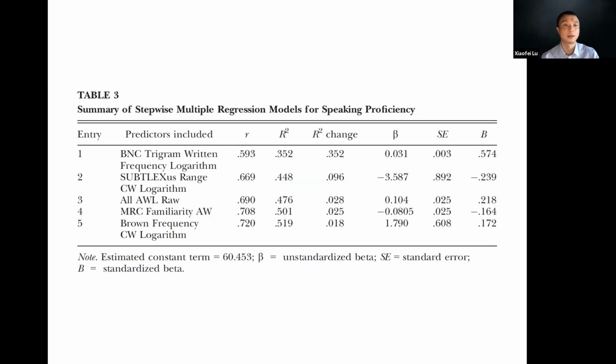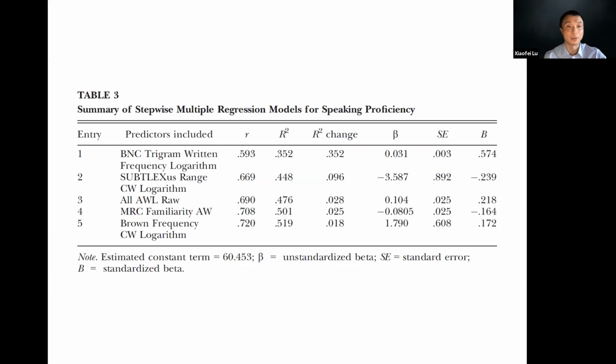So this looks at the proportion of texts in this film subtitle corpus that the words in the current text appear in. And then AWL words, so basically the proportion of words in the current text that were also on the academic word list by Coxhead 2000.